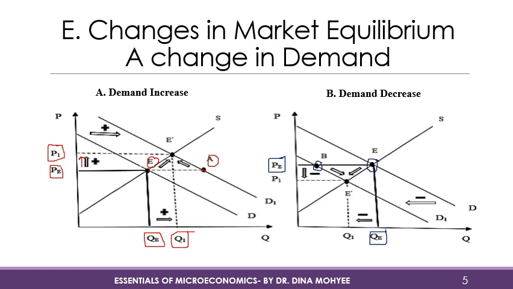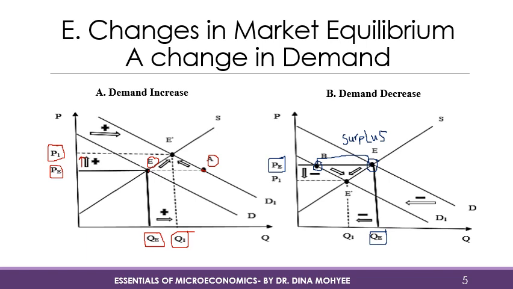The quantity demanded is less than the quantity supplied. At this price, we can see that there is a surplus in the market. This surplus means that the quantity supplied is greater than the quantity demanded at PE.